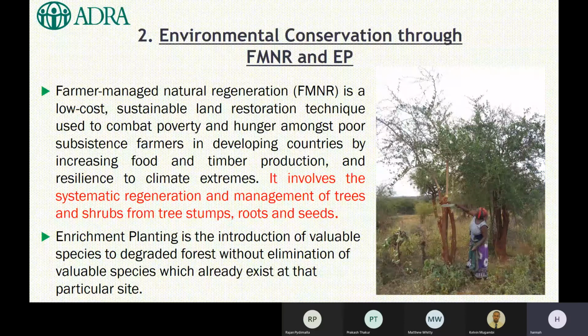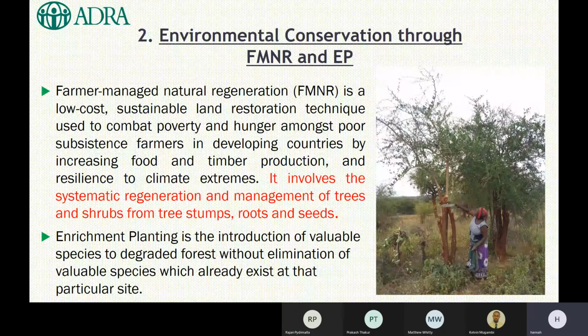So one of the things in the enrichment planting strategy was to allow them to protect the area and to provide a good environment for the regrowth, because the roots are still there, and they knew that when the area is protected, that was a new knowledge. The roots of those trees started sprouting out because they are still there.